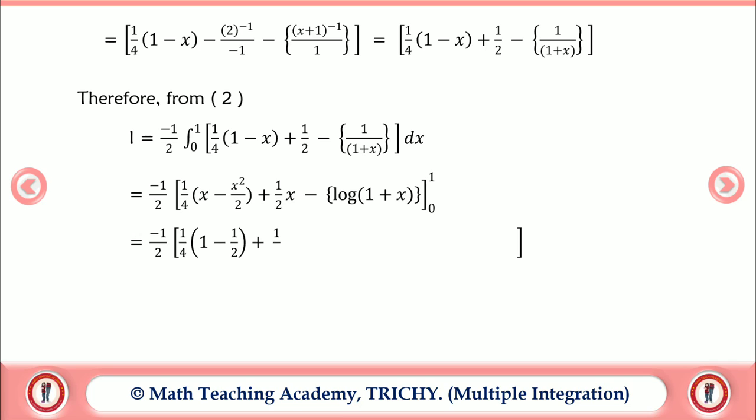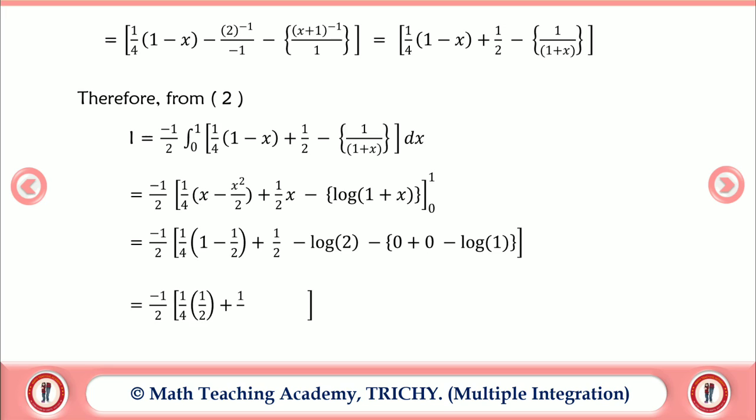So that is equal to minus 1 by 2 into 1 by 4 into, apply the upper limit 1 in place of x, then what you will get is 1 minus 1 by 2 plus 1 by 2 into 1 minus log of 1 plus 1, which becomes log 2, and then minus, apply the lower limit 0 in place of x, then what you will get is 0 plus 0 minus log 1.